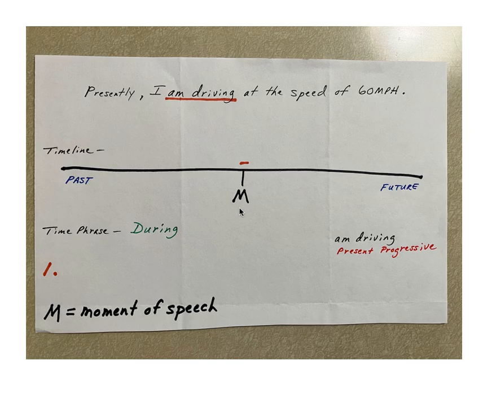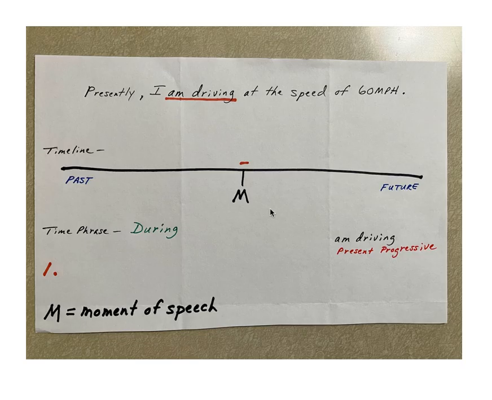The moment of speech. So the little thing I invented was called the time phrase. And the time phrase is a useful little tool to help you know when the action of the verb is happening specifically. So here you have the moment of speech, and you're saying, presently, I am driving at the speed of 60 miles per hour. So you see, at the moment of speech when you're talking, you're actually driving.